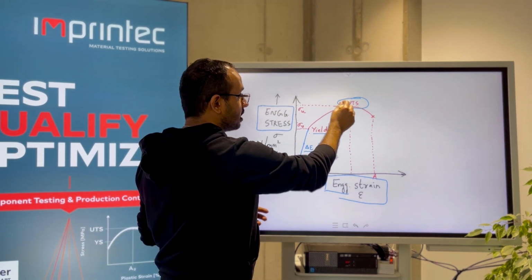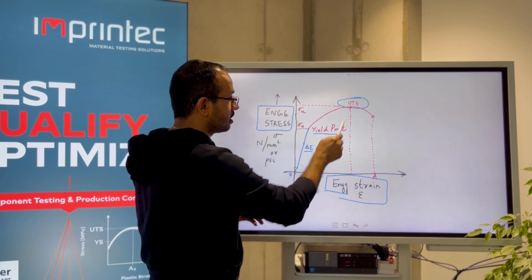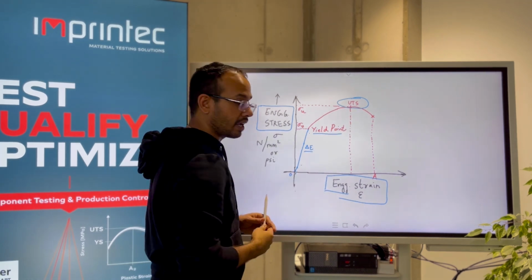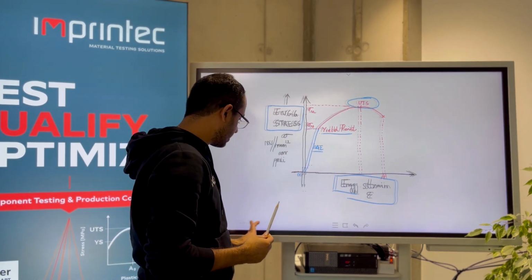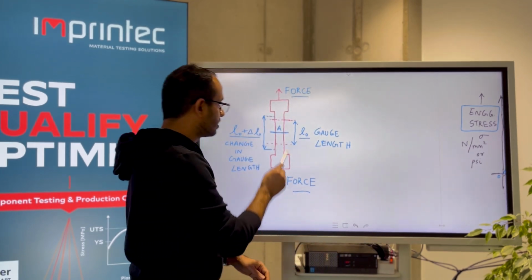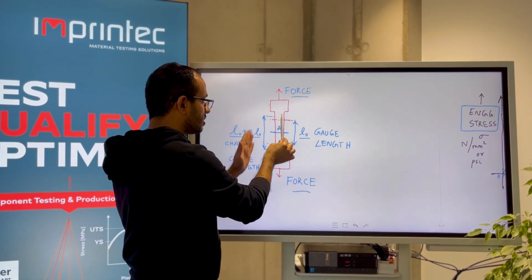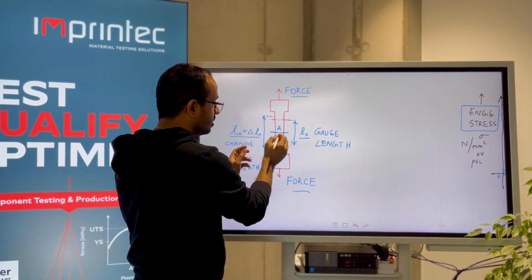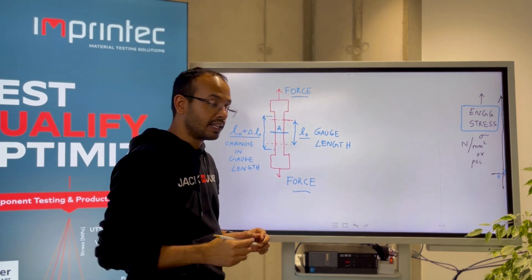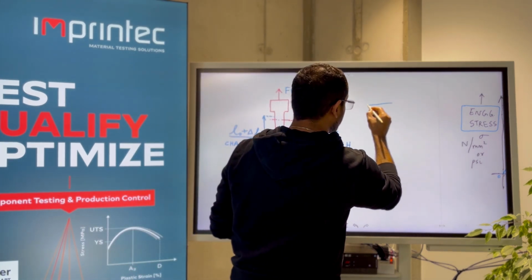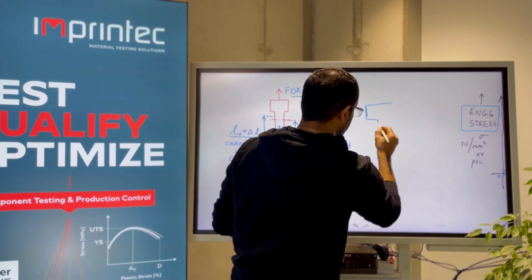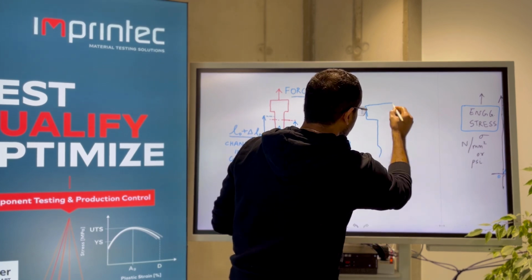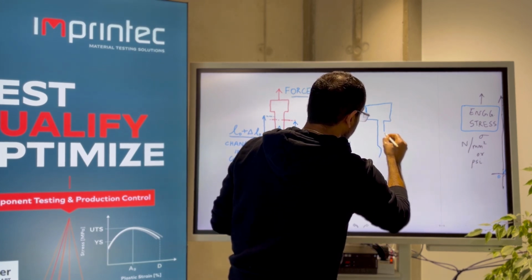Beyond this ultimate tensile strength, you have a region called necking. What is essentially happening is that the area of cross section, that is what you had here, goes on decreasing. So you would have a shape something like this.